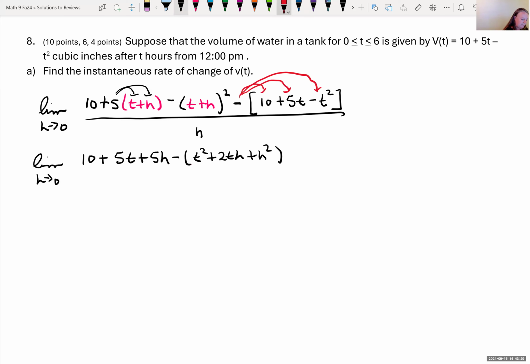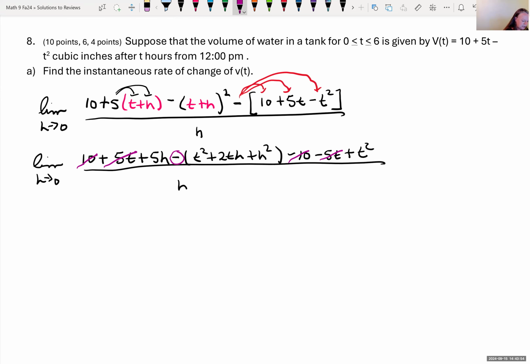So negative 1 times 10, so minus 10. Negative 1 times 5t is minus 5t. And negative times negative is positive, plus t squared, all over h. I notice a couple things are canceling out. I have a positive 10 and a negative 10. I have a positive 5t and a negative 5t.